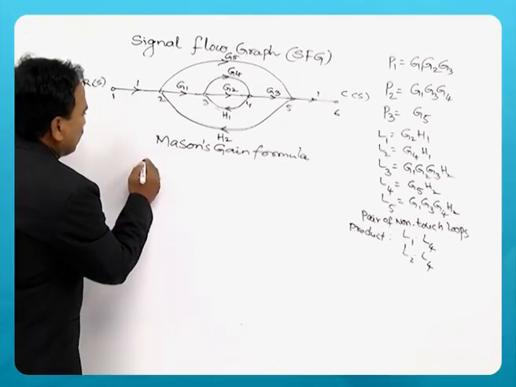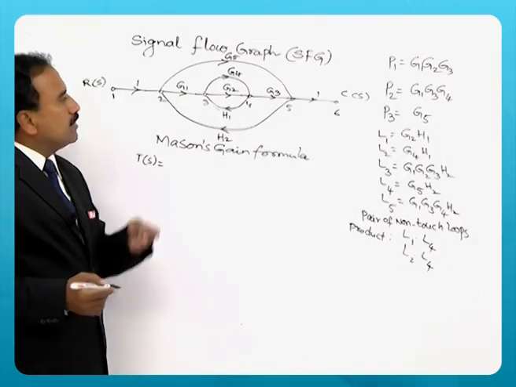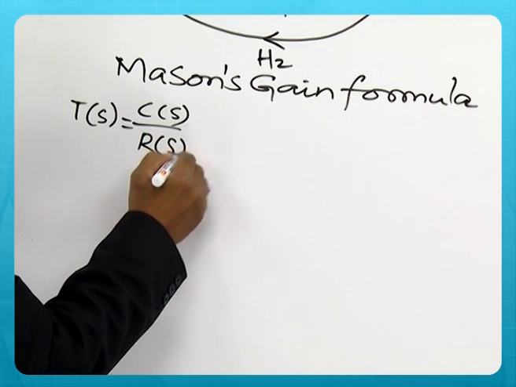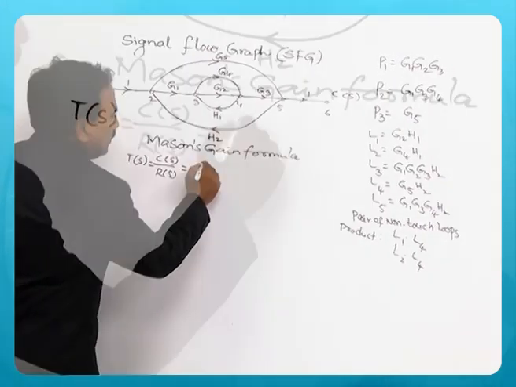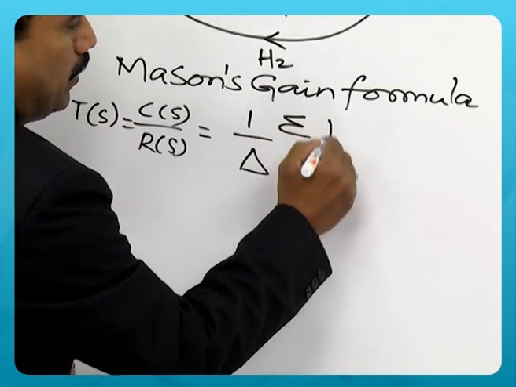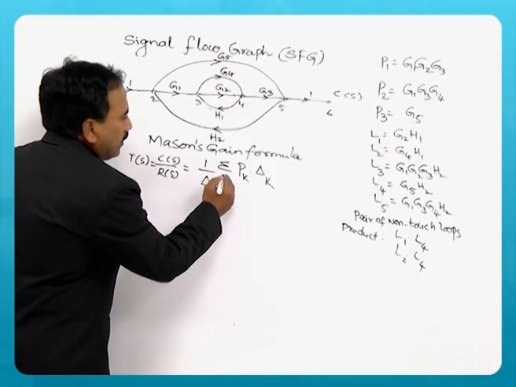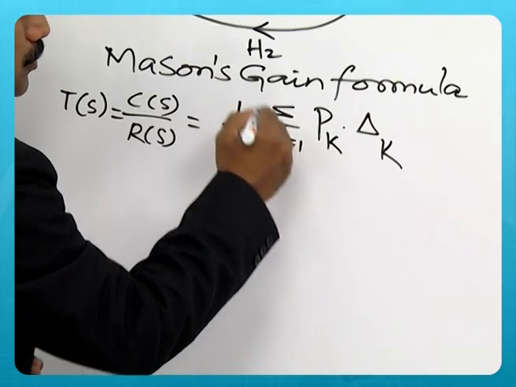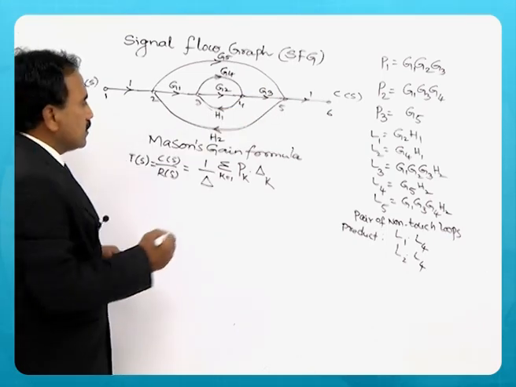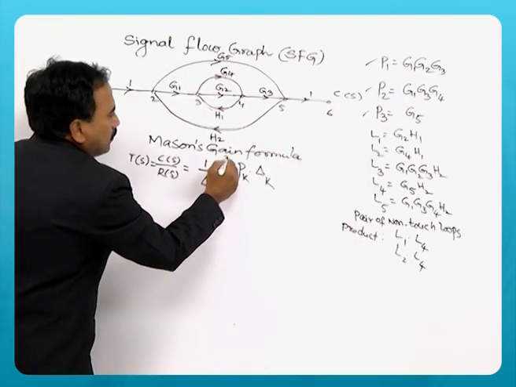It is given by T or T of S, which is C of S by R of S, equals 1 by delta, sigma P K into delta K. Here sigma K equal to 1 to N gives how many forward paths exist in the system. Here there are 1, 2 and 3, so sigma K equal to 1 to 3.